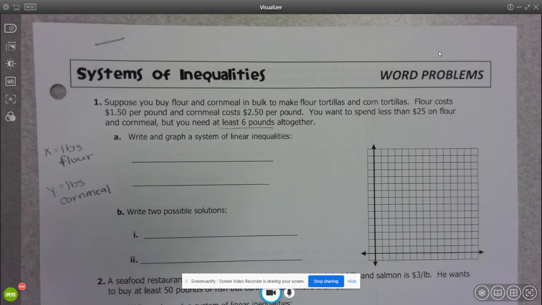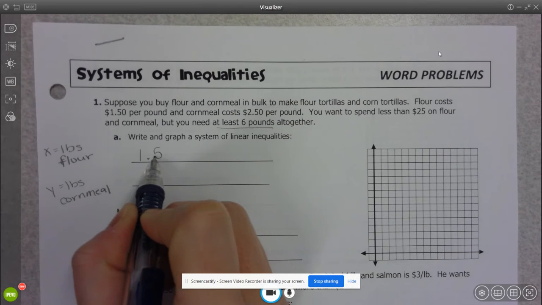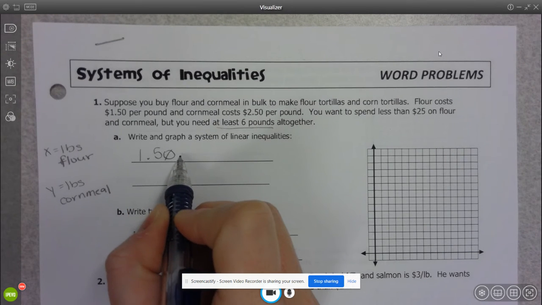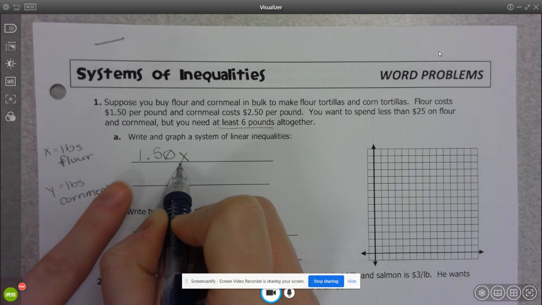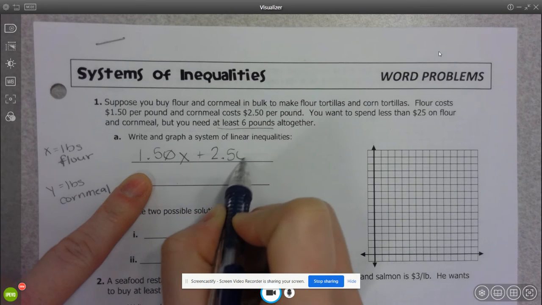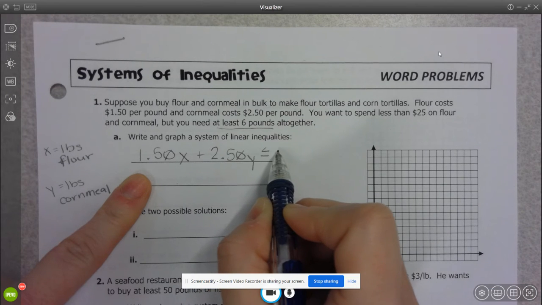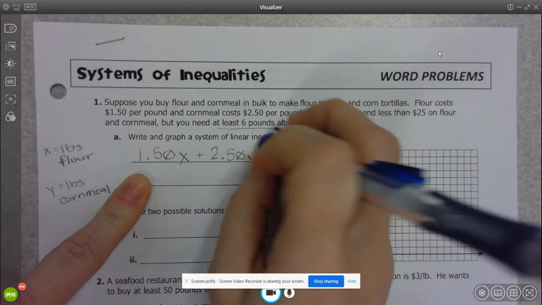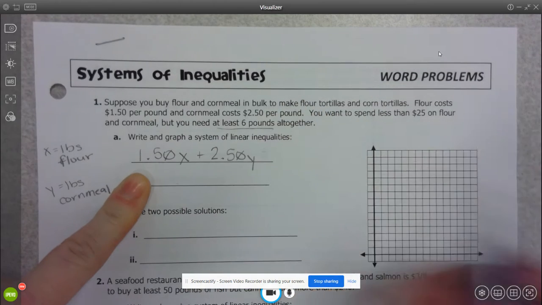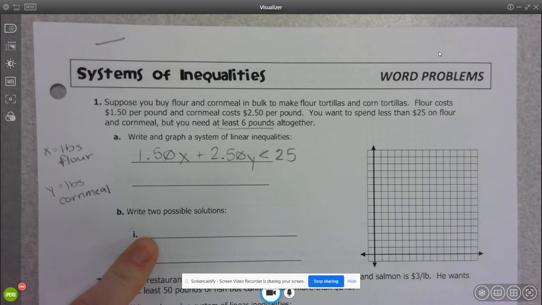Okay, so let's start with the money equation. So I have 1.50 for flour per pound, so 1.50x plus 2.50y, and I want that to be less than, not less than or equal to, just less than $25.